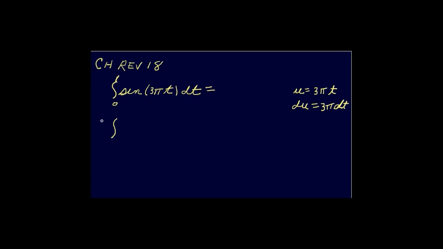I'm going to put in a multiple of 1 over 3 pi outside the integral symbol, and I still have sine 3 pi t, but now times 3 pi dt.